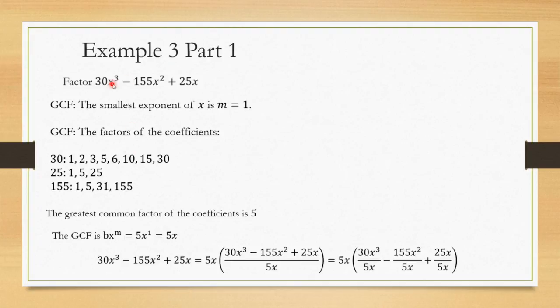To get the factors of them, 30 we have 1, 2, 3, 5, 6, and so on. For 25, that's just 1, 5, and 25. For 155, you have 1, 5, 31, and 155 itself. You just keep on dividing by something that's a factor of it. And that's how you get all the factors.